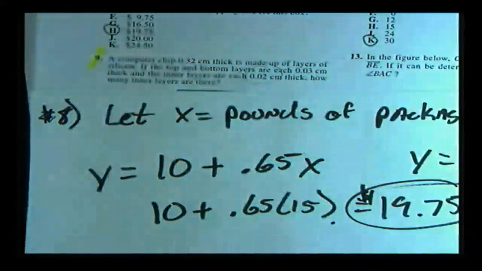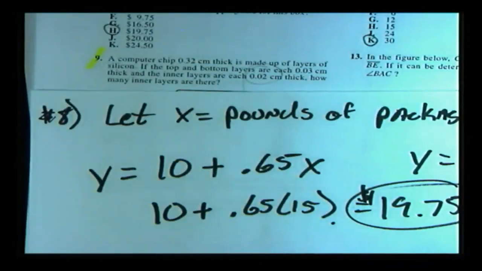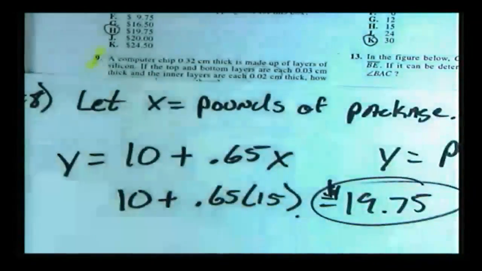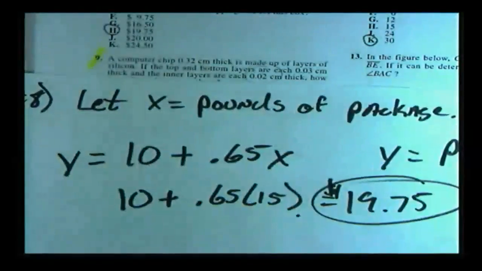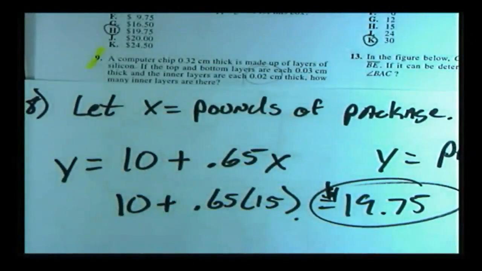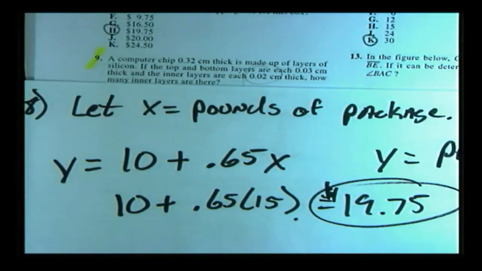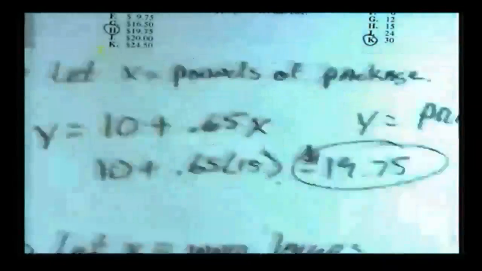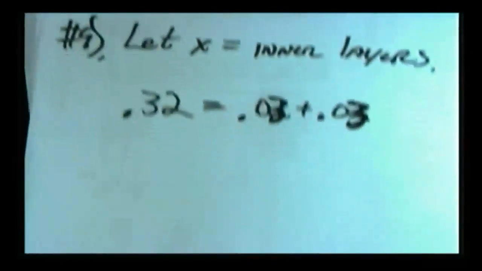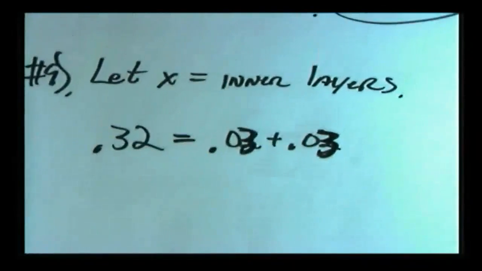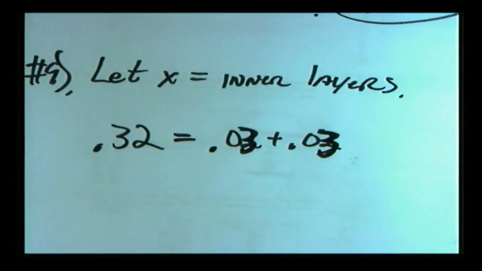The top plus the bottom are each 0.03. I'm sorry, 0.03. My bad. That's supposed to be a 3. Let X equal inner layers, 0.32 equals 0.03 plus 0.03 plus 0.02x.